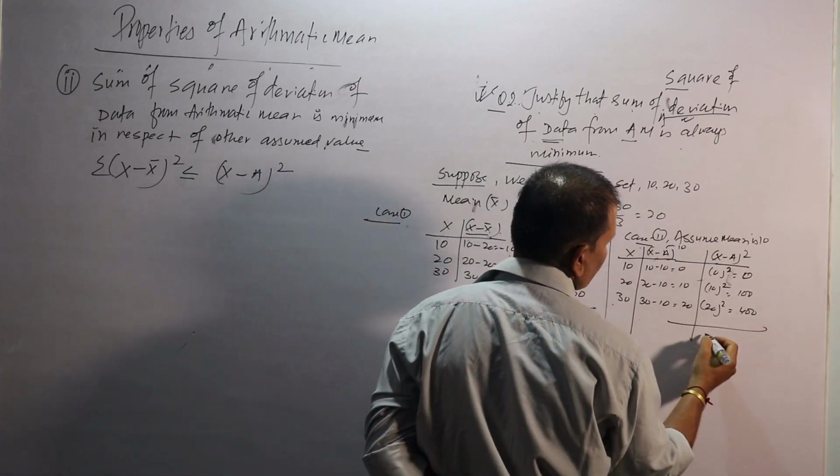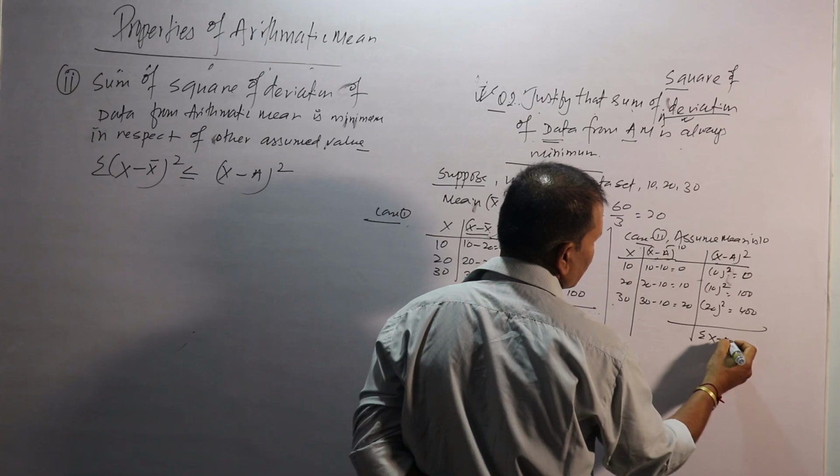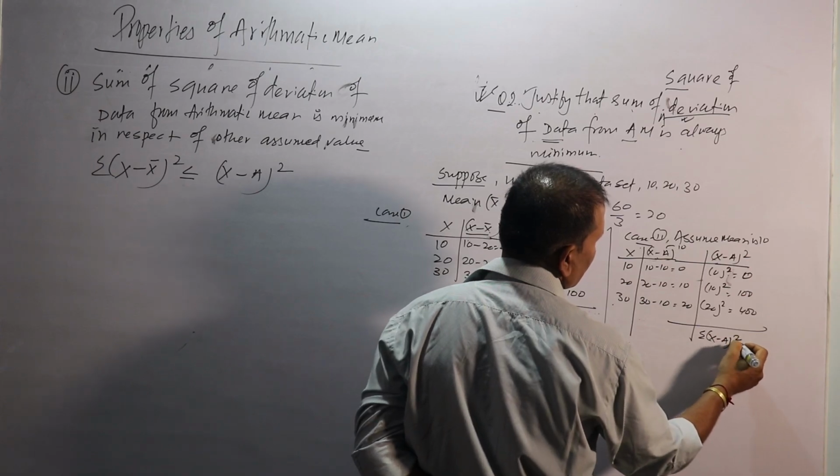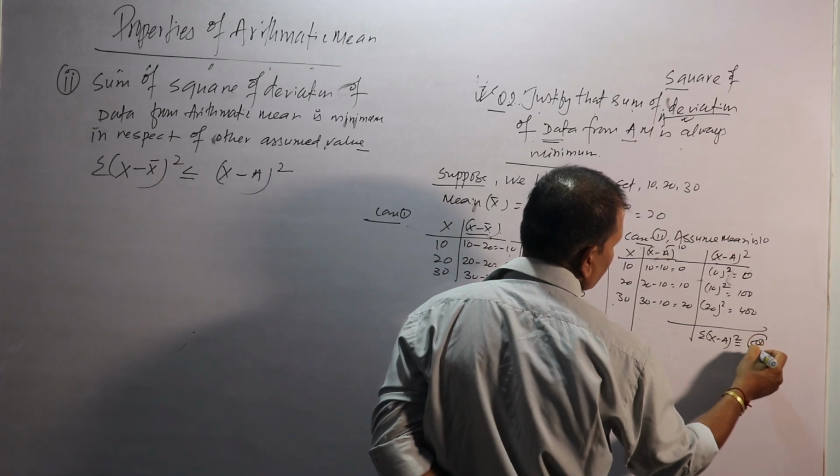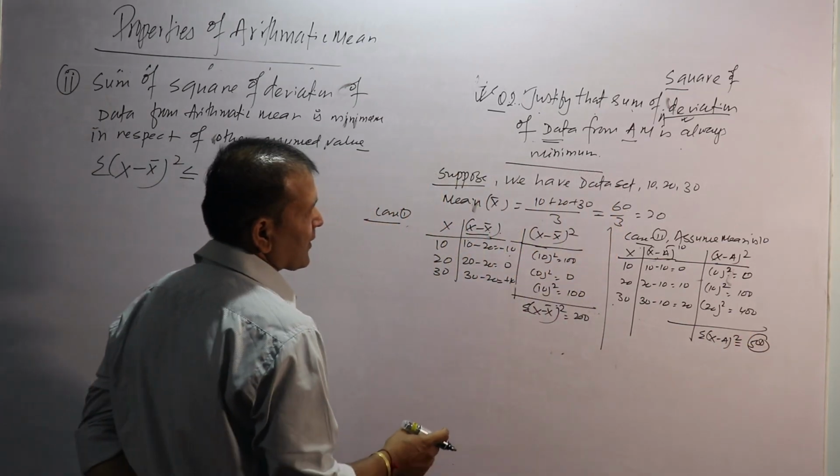So the sum of (x minus a) square is equal to 500.